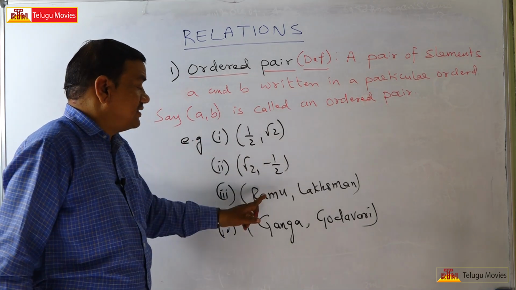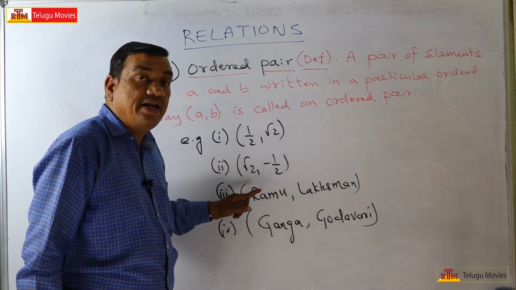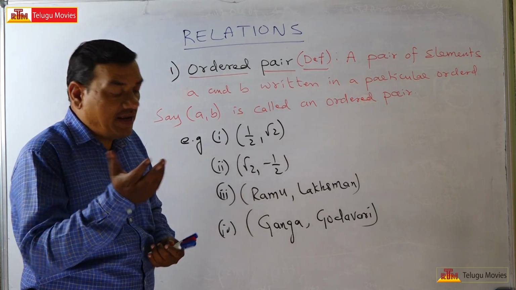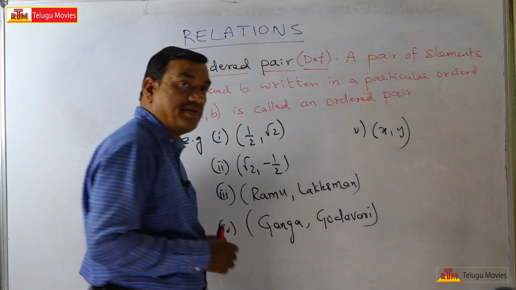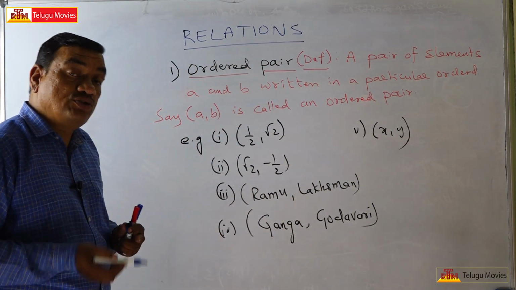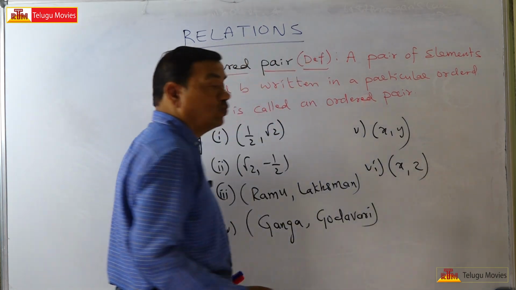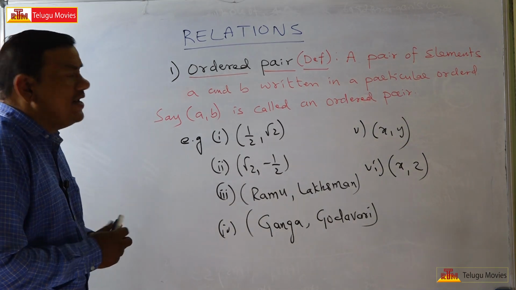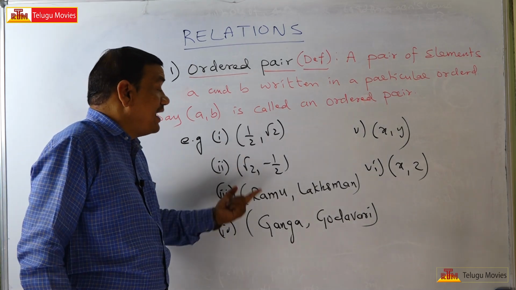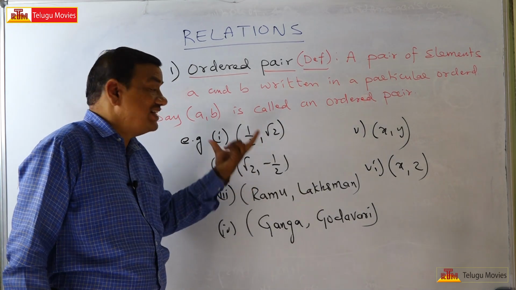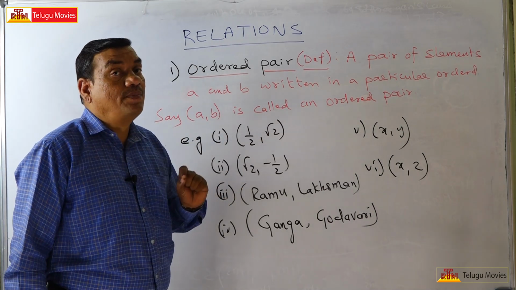The elements may be numbers, names of persons, or symbols like (x, y). Both may belong to the same category or different categories, like (x, 2). Any two things written in a particular order in this mathematical structure are called an ordered pair.